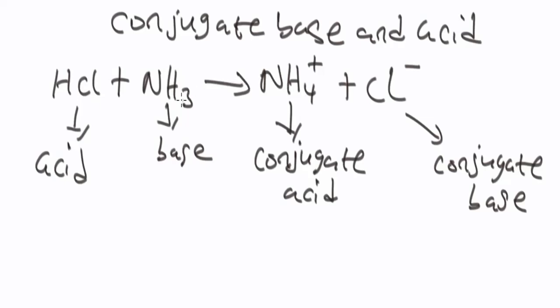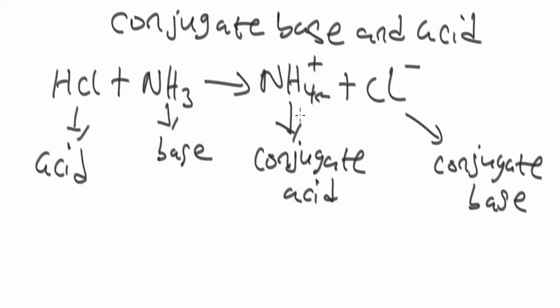If you check here, this base in its original form has 3 atoms of hydrogen, but when this base reacted with this hydrochloric acid, it gained this hydrogen ion or proton to now become 4 atoms of hydrogen in it.